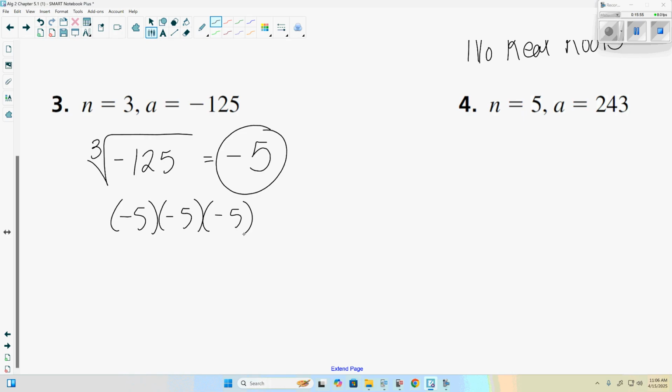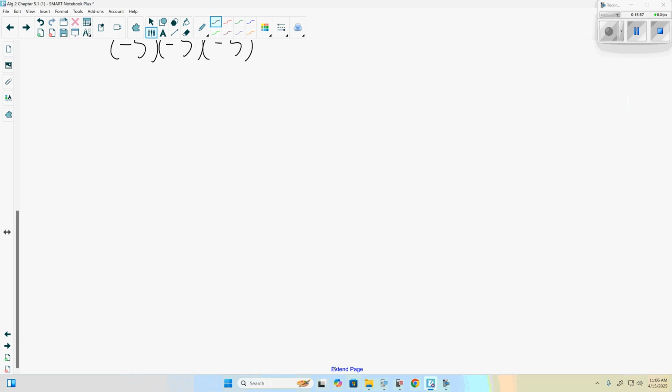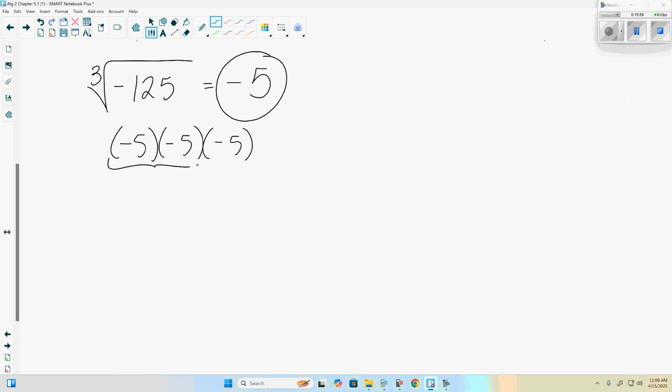Now, negative 5 times negative 5. Let's look at just the first two. The negative times the negative would give us a positive. 5 times 5 is 25. But then we have to multiply that 25 by negative 5 one more time. Well, 5 times 25 is 125.